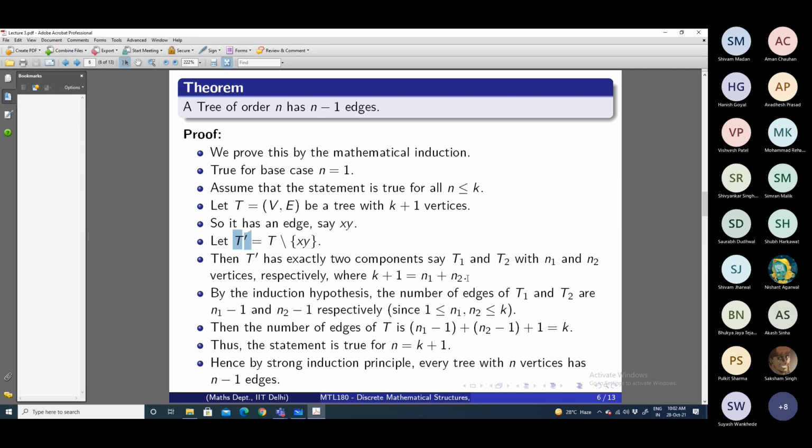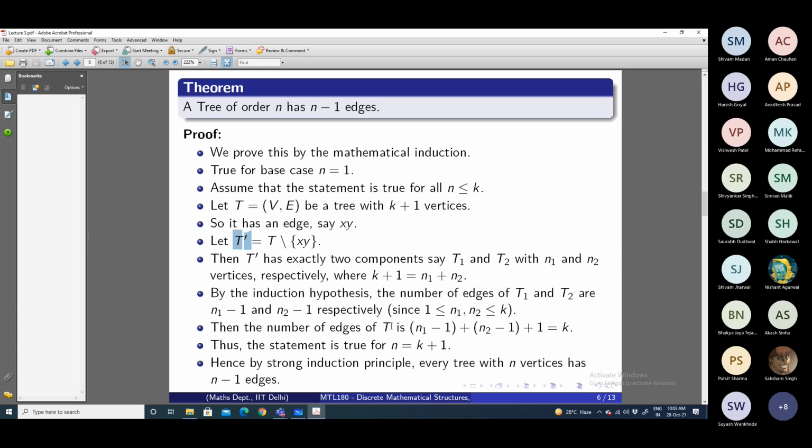Say with n1 and n2 vertices, where n1 plus n2 is k plus 1. Right? So T1 is a tree with n1 vertices and T2 is a tree with n2 vertices. Therefore by the induction hypothesis, since n1 is less than or equal to k, T1 has n1 minus 1 edges and T2 has n2 minus 1 edges.